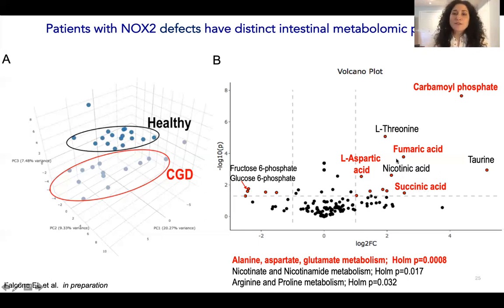When we look at these differentially represented metabolites, we see that samples from patients with CGD seem to have this predisposition towards alanine, aspartate, and glutamate metabolism, as well as nicotinate and nicotinamide metabolism. The physiological implications of this are currently being evaluated.